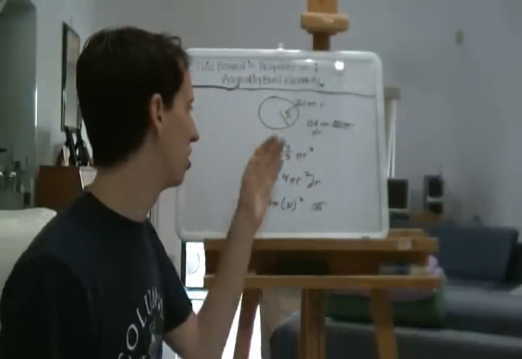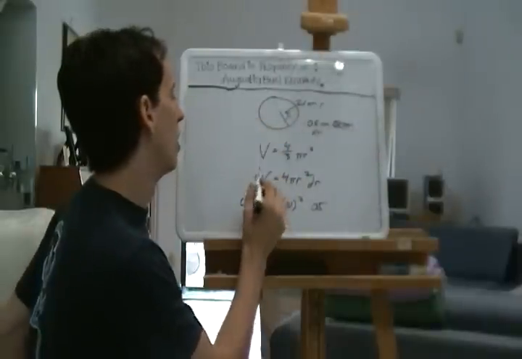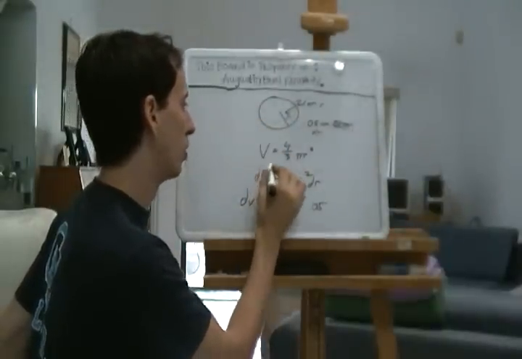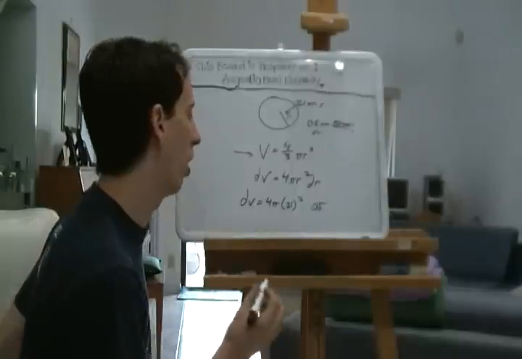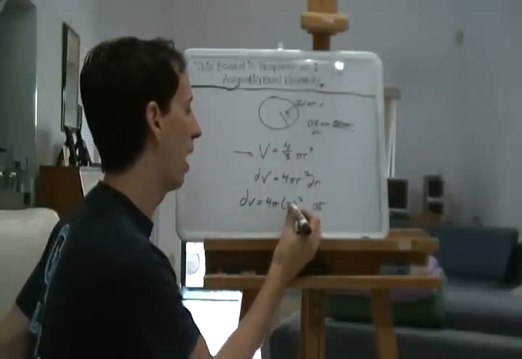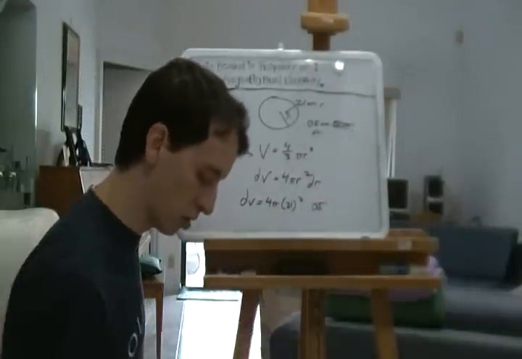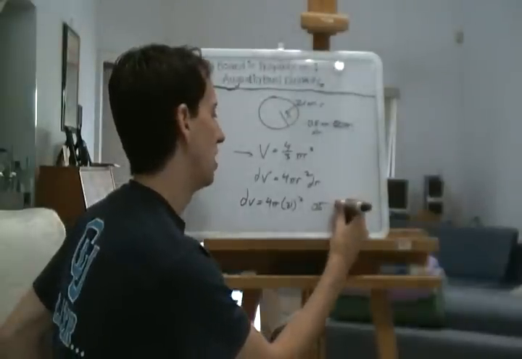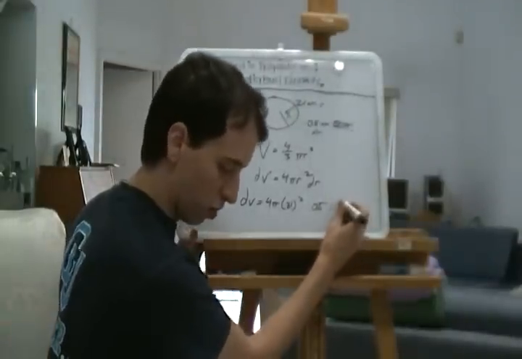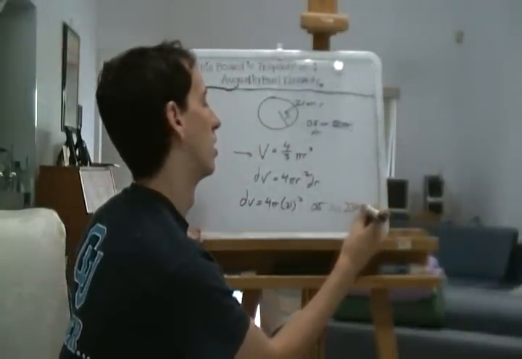Whenever you're dealing with change, you're dealing with the derivative. So, dV, we differentiate both sides. dV equals 4 pi r squared dr. dV equals 4 pi times 21 squared times 0.05. Basically means that dV is approximately equal to 277.